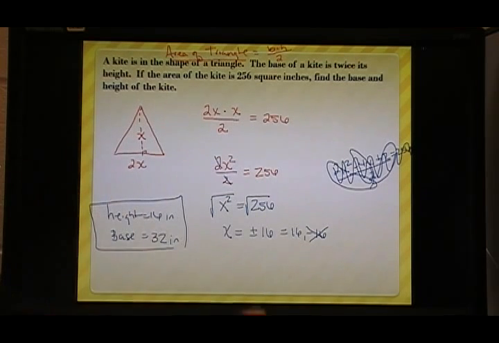When you're working with this formula, this area of a triangle, this is one way to address it, and in this case, this would be the easiest way to solve. Another way to solve, which you may want to employ in other situations. Here, let me erase this.